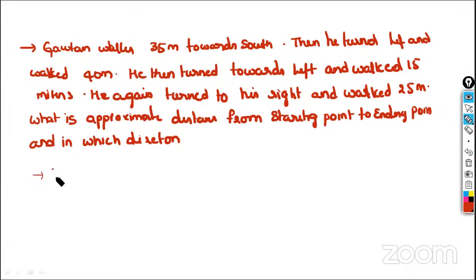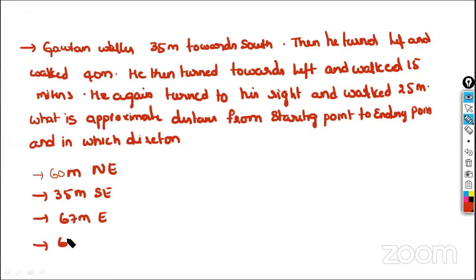Here the options are: 60 meters northeast, 35 meters southeast, 67 meters east, and 67 meters southeast. I've given the options. Can you choose one of the options? 1, 2, 3, 4, like that.